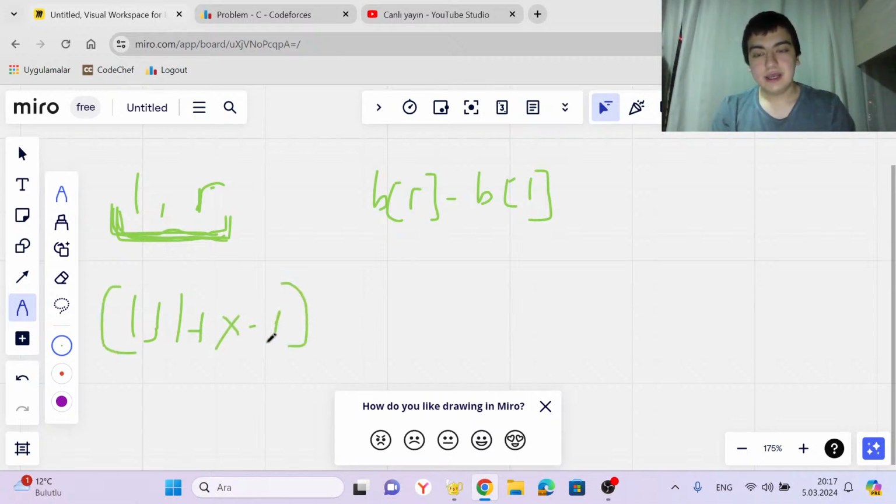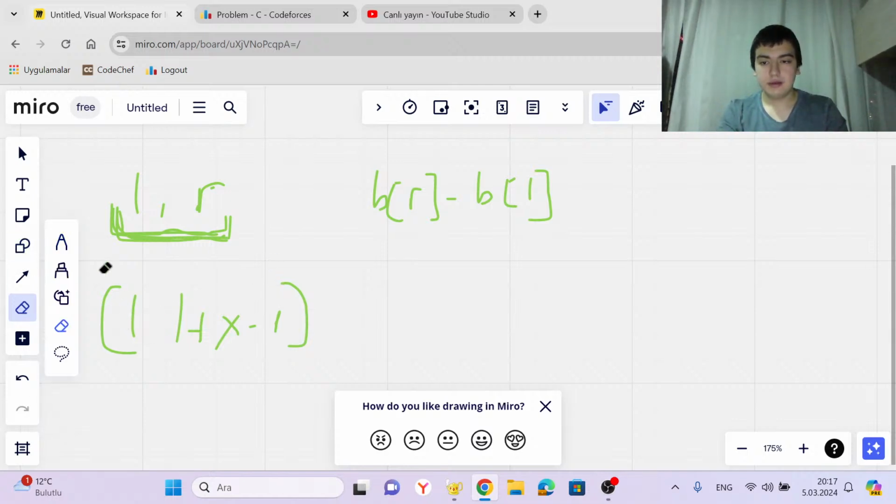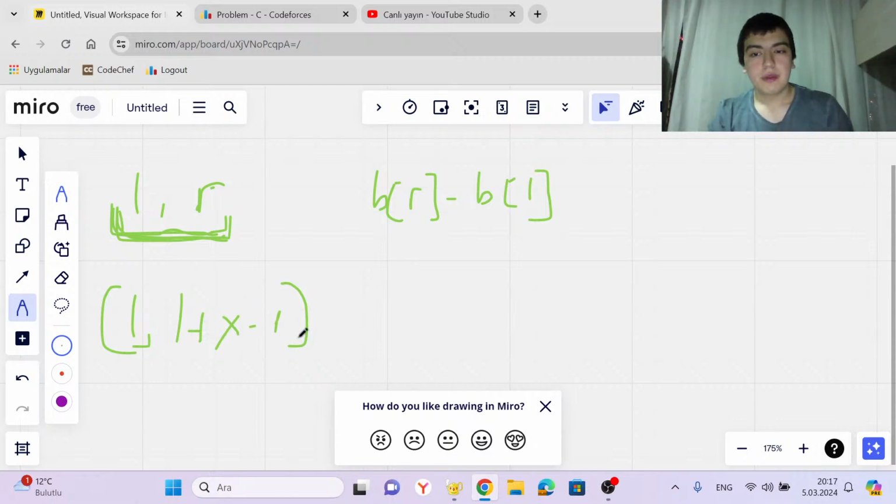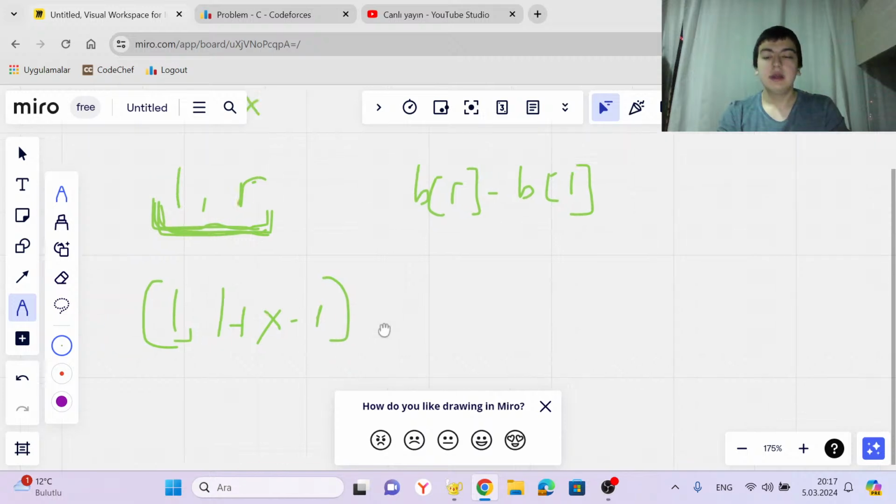There are exactly x elements in this interval, L to L plus x minus 1. And I will push each element in this interval to the priority queue in the initial case.